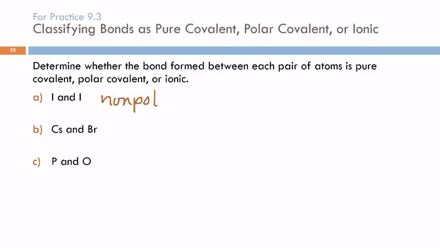I like nonpolar better. How about cesium and bromine? Ionic, because we have a metal and a nonmetal. How about phosphorus and oxygen? Oh, I accidentally used that earlier. That's going to be polar covalent.